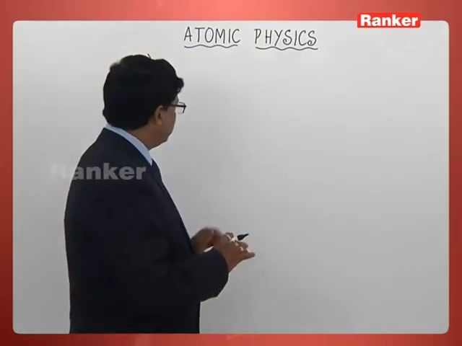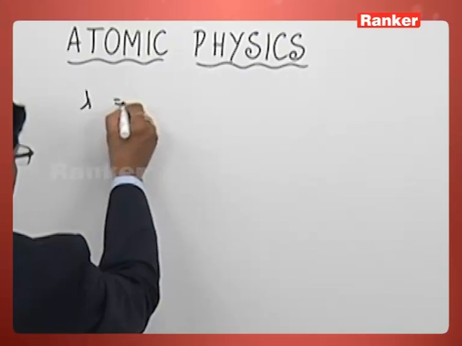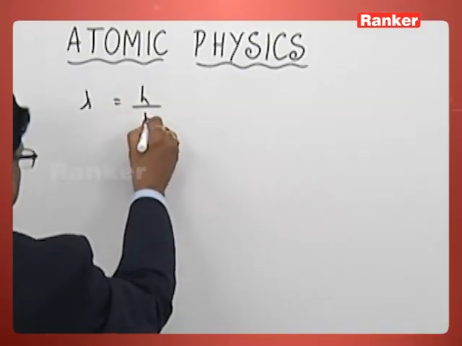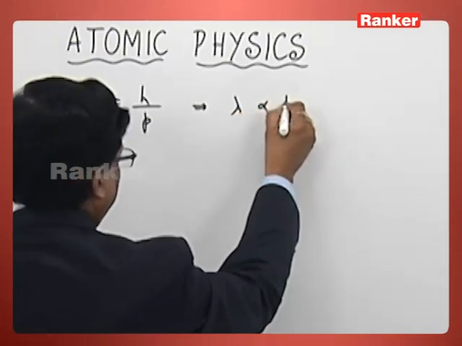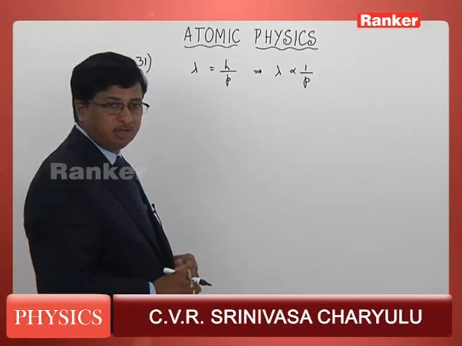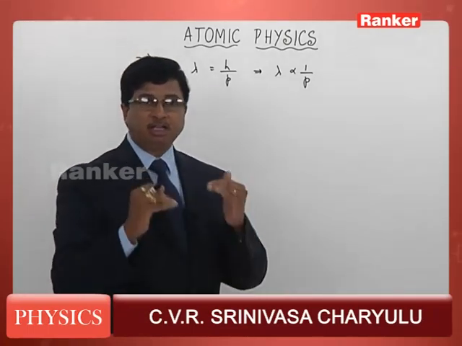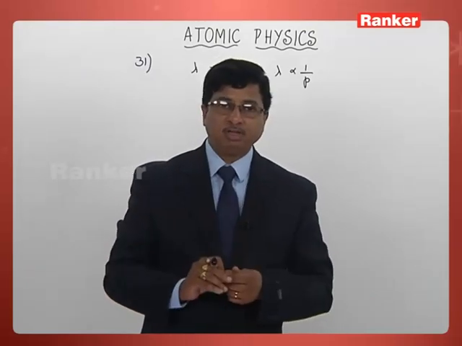If you look once again, lambda is equal to h by p. You can directly understand lambda is inversely proportional to p. No doubt, absolutely in that. That means if lambda increases, p decreases and vice versa.